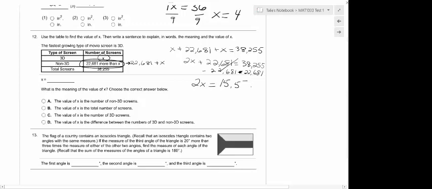And then the last step? Divide. Good. So what answer do you get? I got 7,787. Perfect. So that is the answer for x. That would go here.